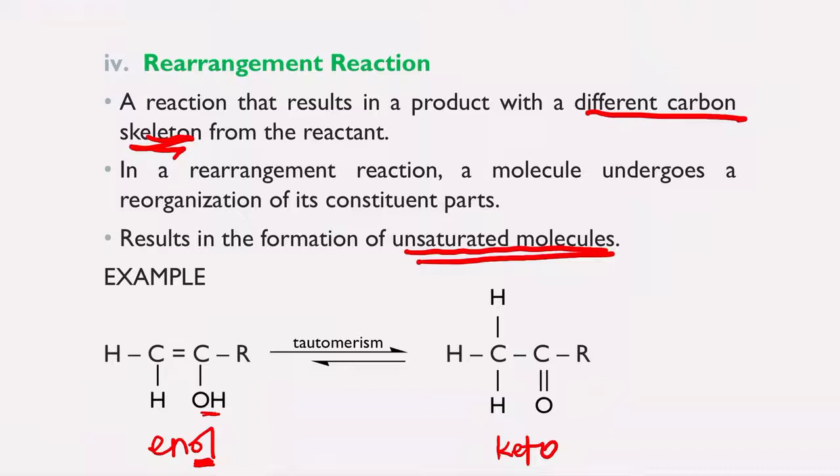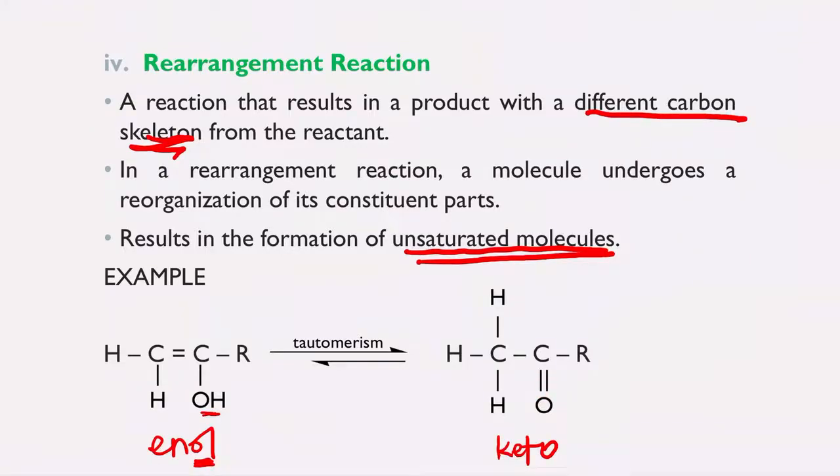Okay, so in this reaction, what happens here is that you rearrange your hydrogen punya position. Betul tak? Awak rearrange awak punya hydrogen punya position. Daripada dia ada kat sini, sekarang awak punya double bond ada kat sini, and you have hydrogen here. Okay, and then you form this keto.